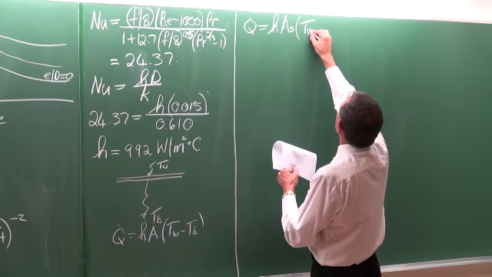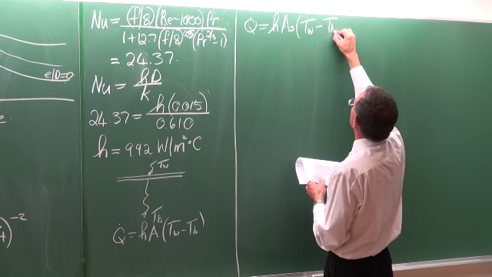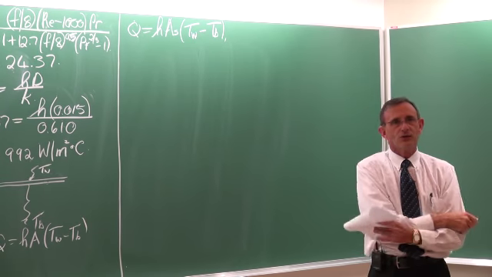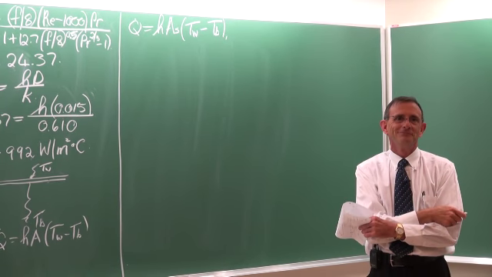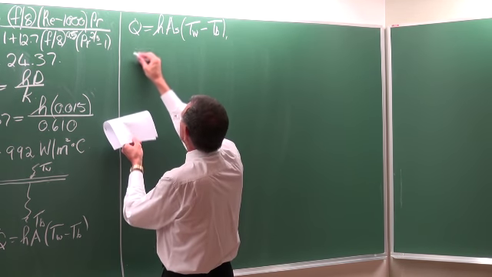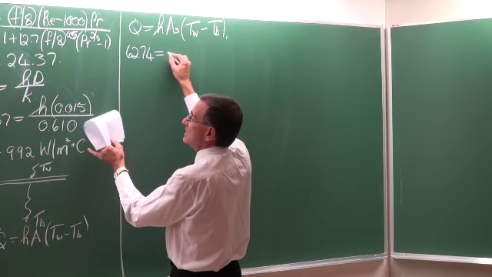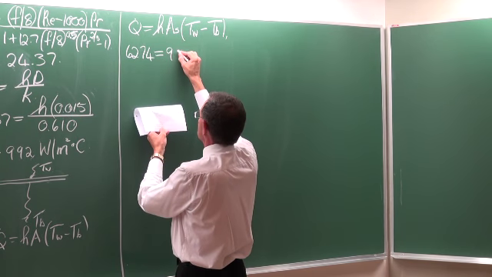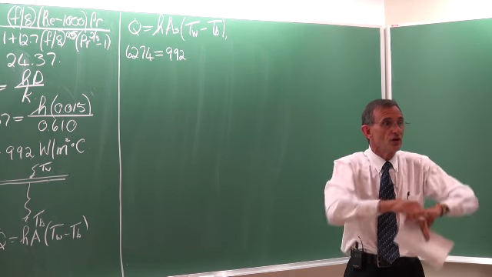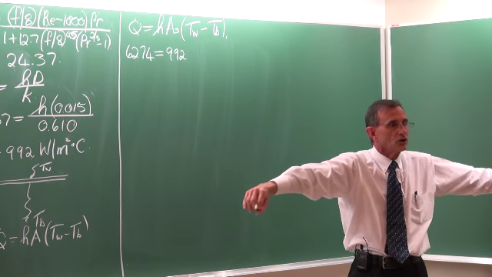So what I'm going to do is I'm going to say, let's use the wall temperature minus the bulk temperature, because the wall must be at a higher temperature than the water, otherwise there can't be heat transfer. You agree? So the heat transfer rate is equal to 6274, equal to the heat transfer coefficient, which is 992, multiplied by the surface area for heat transfer, and that would be the total length of 31 meters multiplied by the outside surface.